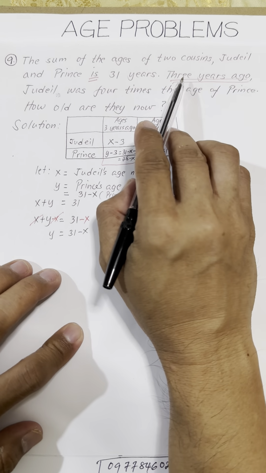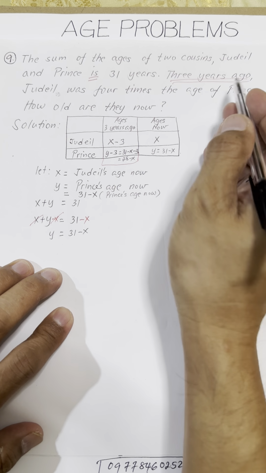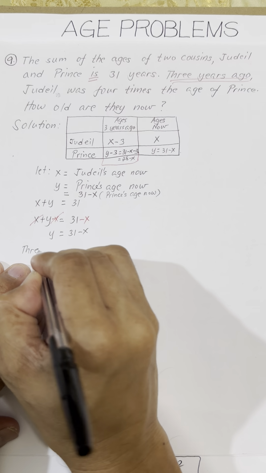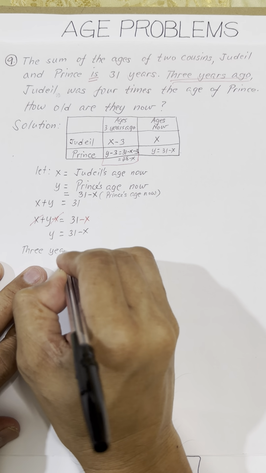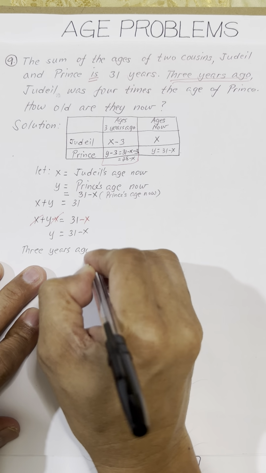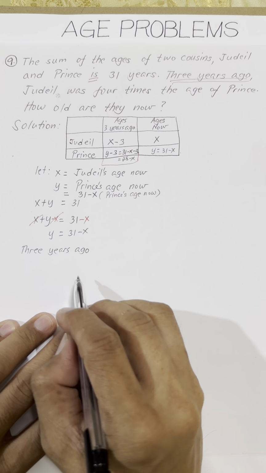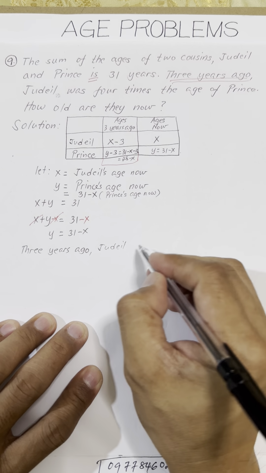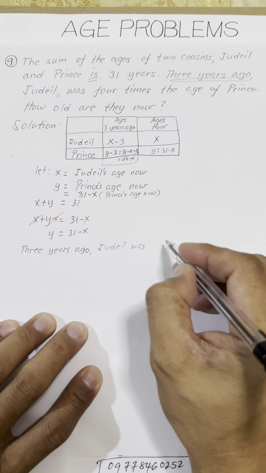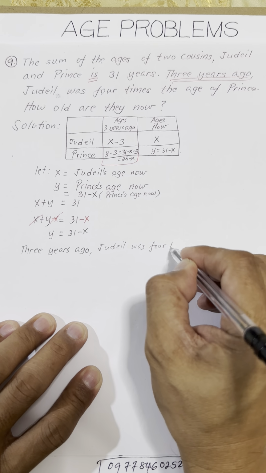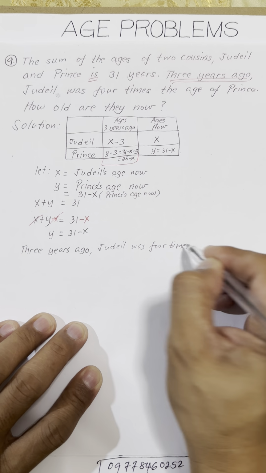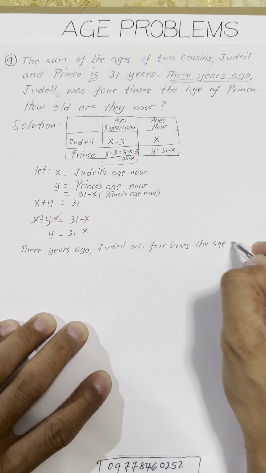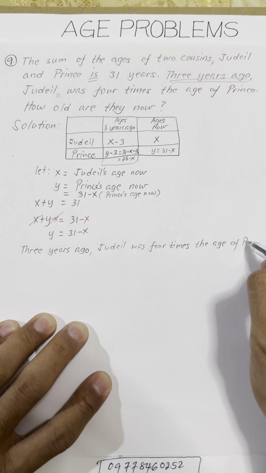Then the statement says that 3 years ago, so I will rewrite that statement. 3 years ago, Judel was 4 times the age of Prince.